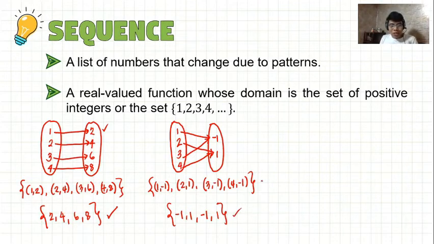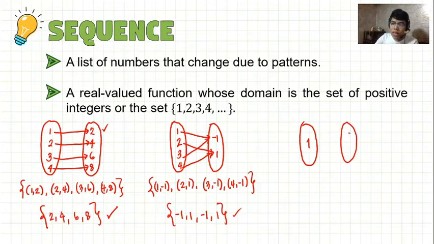Now, how about a one-to-many mapping? Here is an example to make it easier. Suppose our domain contains the number 1 only, and the range contains 2 and 3. Suppose 1 is mapped to 2 and 3.